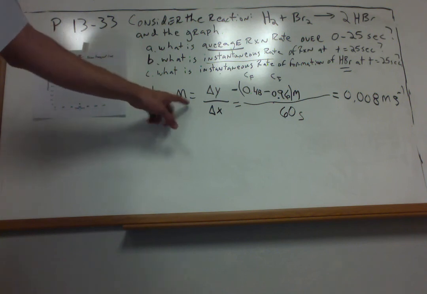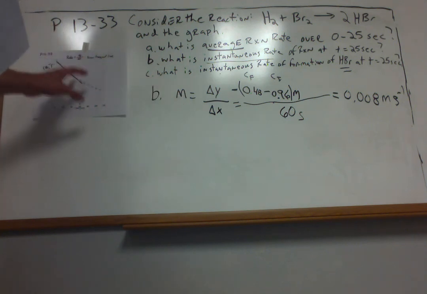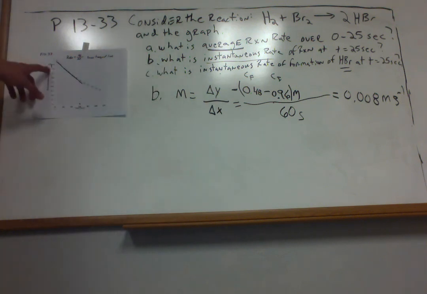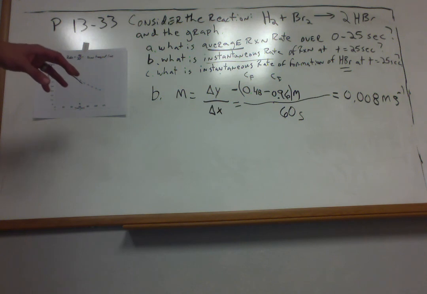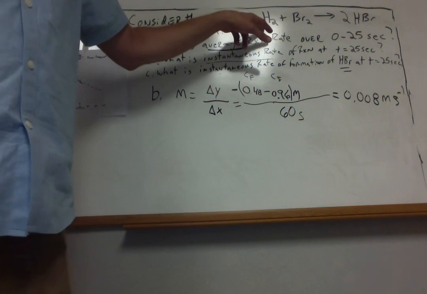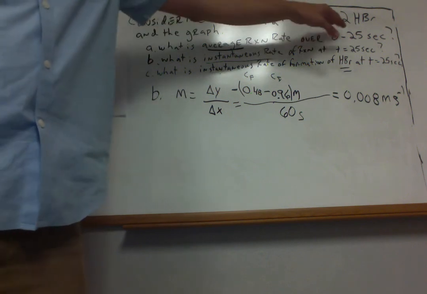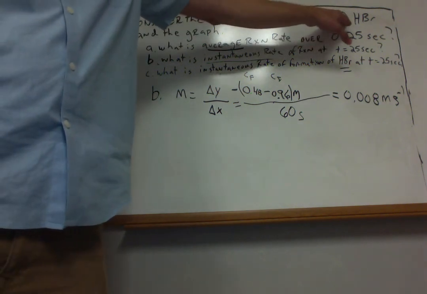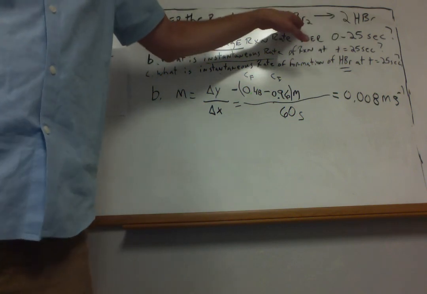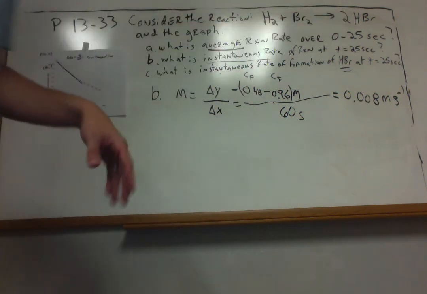Okay, so what I found here, essentially from the data, was the rate of consumption of my Br2, all right? Now that corresponds to the overall rate of reaction by virtue of the 1 and the 1 in here for the stoichiometry, okay? But the thing is that my HBr is produced at a rate twice the consumption of my Br2 because of the stoichiometry, okay?